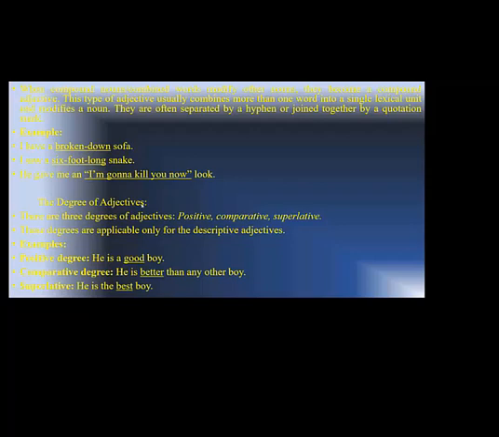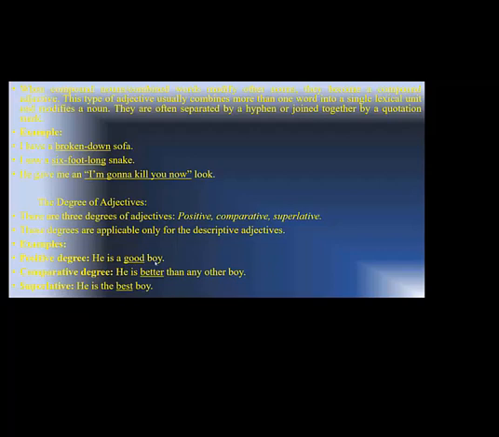The degrees of adjectives. There are 3 degrees of adjectives: positive, comparative, and superlative. These degrees are applicable only for descriptive adjectives, the first type of adjectives, the most used type. Example: positive degree, he is a good boy.